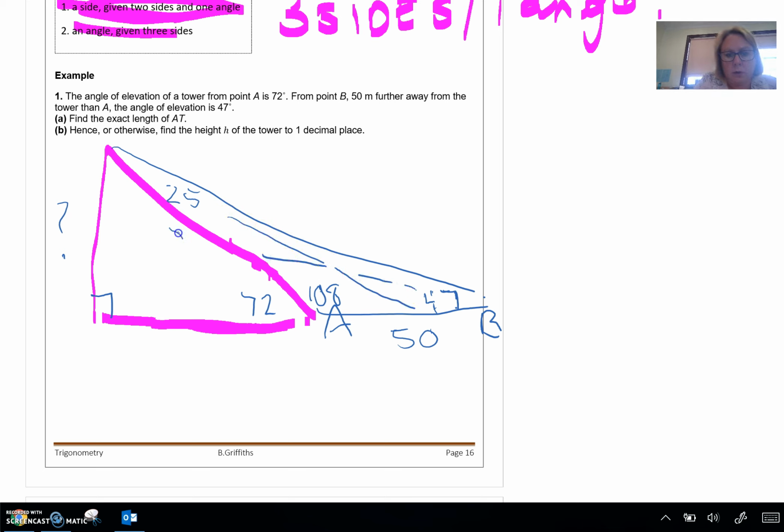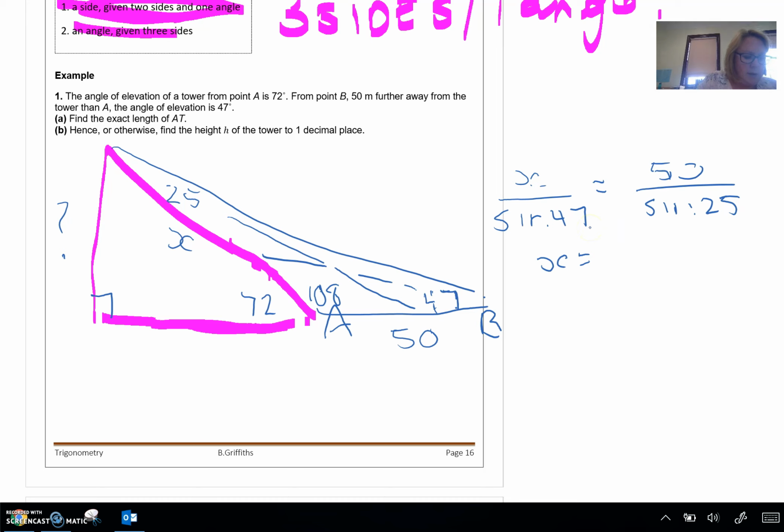So using this triangle, I could do the sine rule to find this side. Let's call it x. x on sine 47 equals 50 on sine 25. When I put it in my calculator, sine 47 times 50 divided by sine 25, I get 86.5.